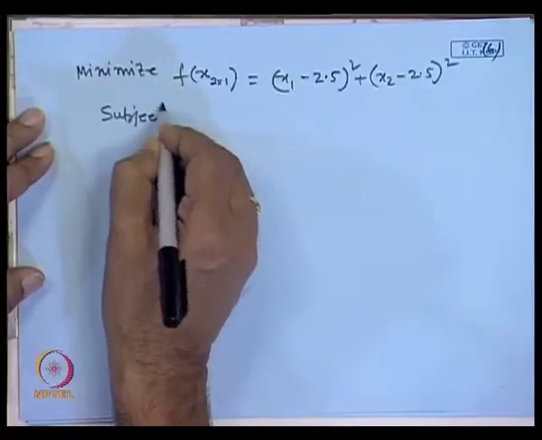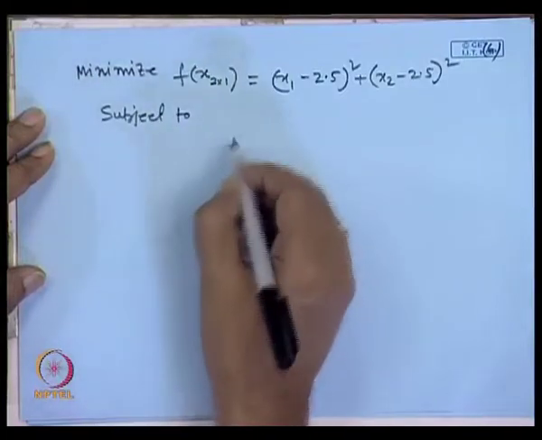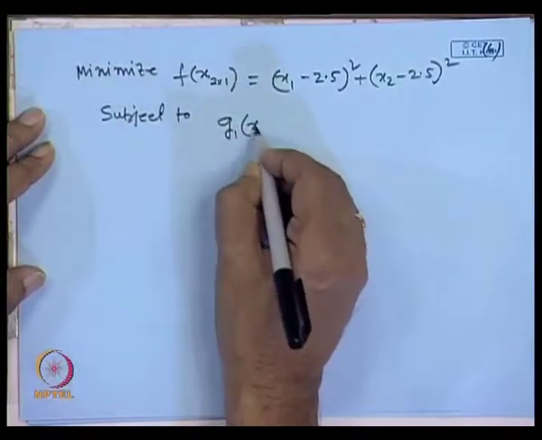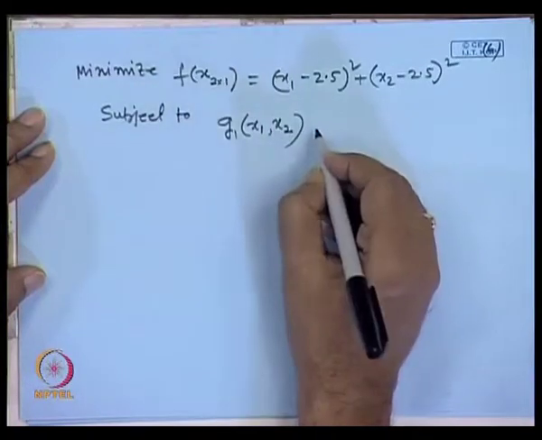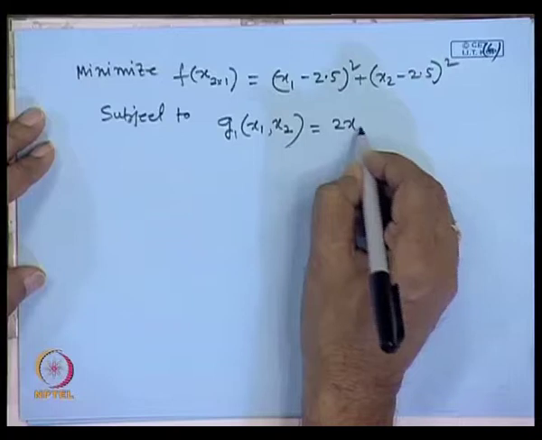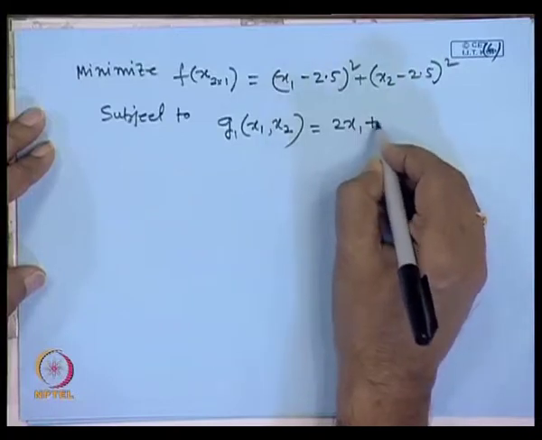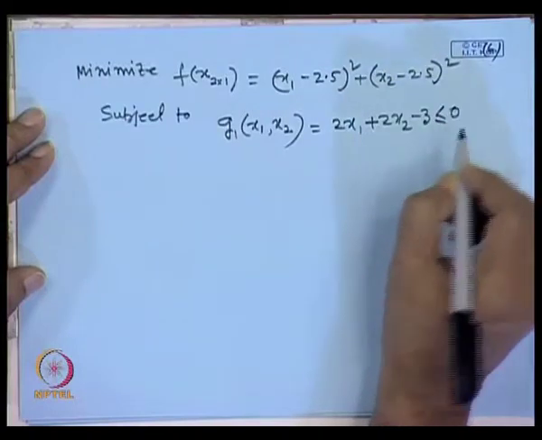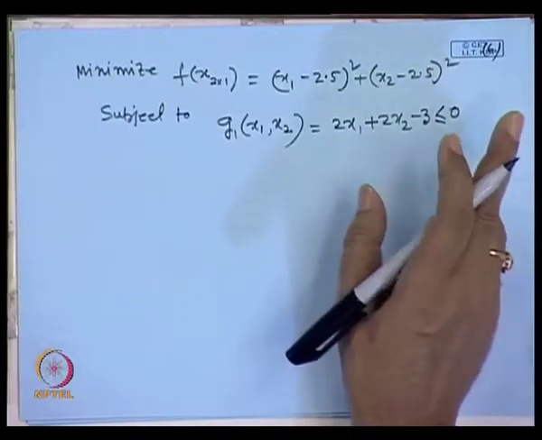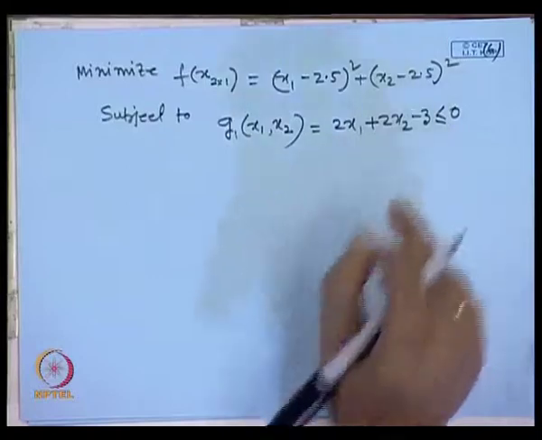Our problem is to minimize this quadratic function, agree, subject to g 1 of x, a function of x 1 and x 2, equal to 2 x 1 plus 2 x 2 minus 3 less than or equal to 0. We have only one inequality constraint here.